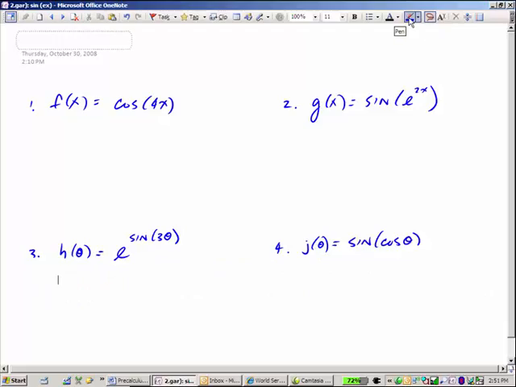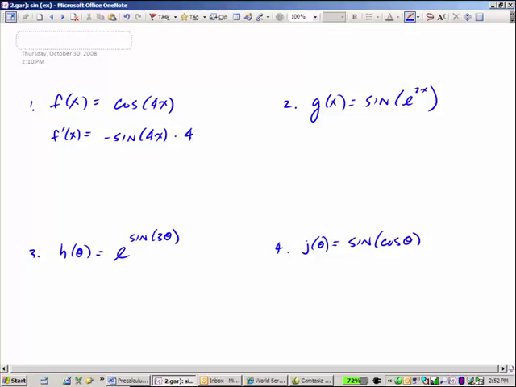All right. Cosine 4x. Julia? Where's the 4 from?